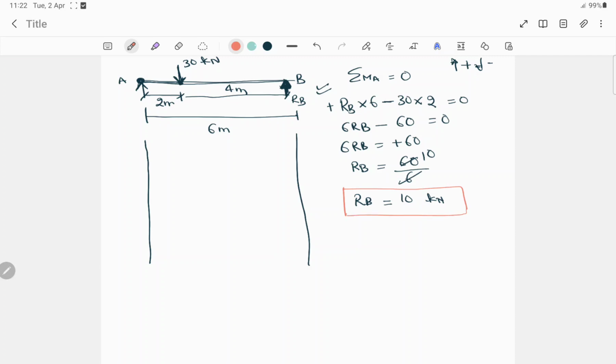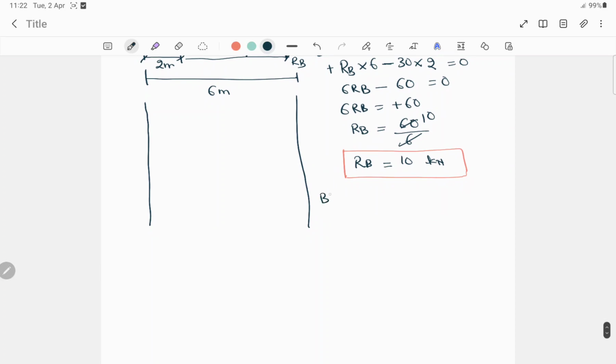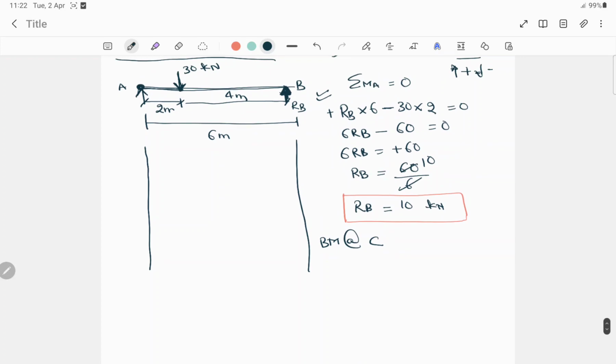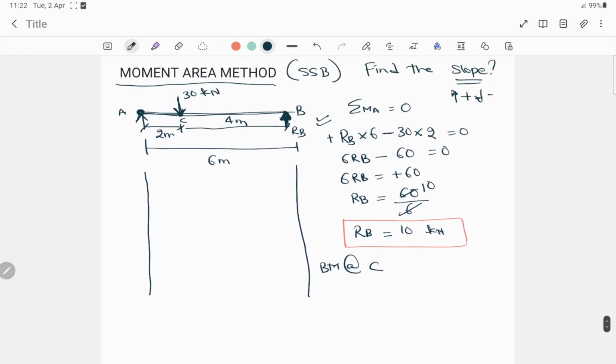Now we have to find the moment. Bending moment at C, let this be point C. Up to here we have to find the bending moment, so it will be RB into 4, to reach this distance, is equal to 0.